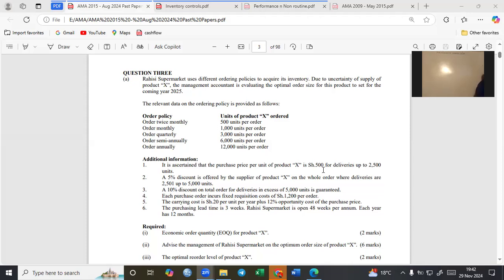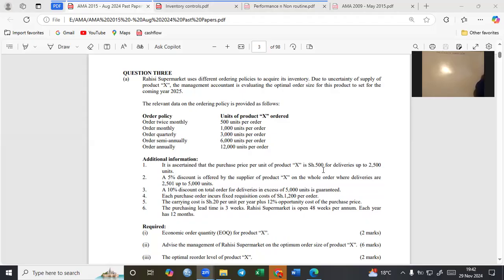A 10% discount on total order for deliveries in excess of 5,000 units is guaranteed. Each purchase order incurs a fixed requisition cost of 1,200 per order.